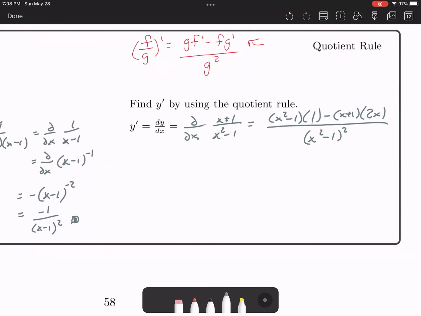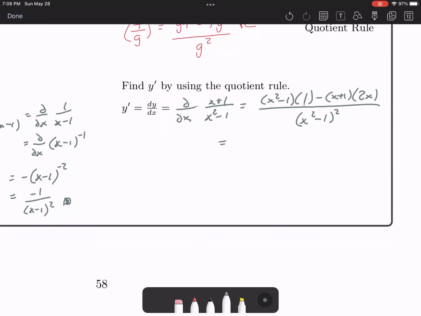All right, so us going through that pattern is us taking the derivative. So I no longer have my derivative operator. That is the derivative. So the calculus is done, but it looks a lot different than our answer over there.